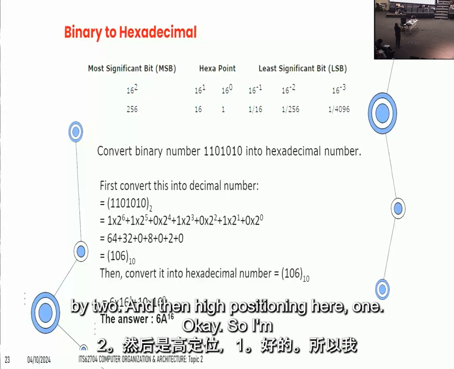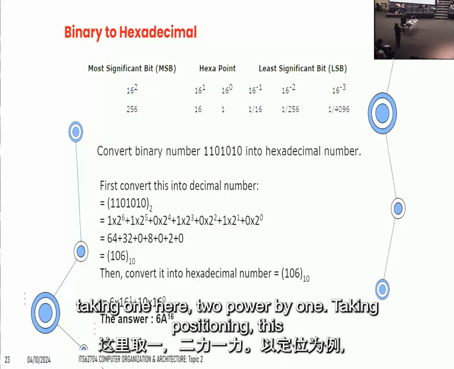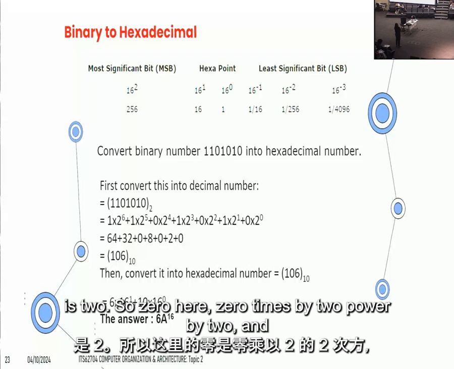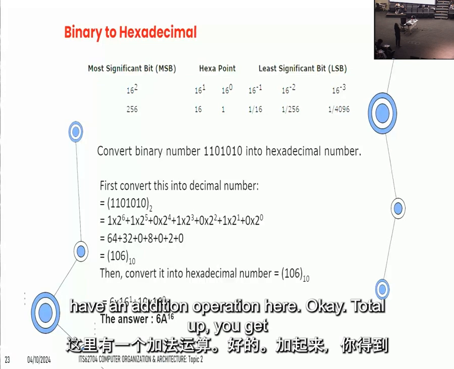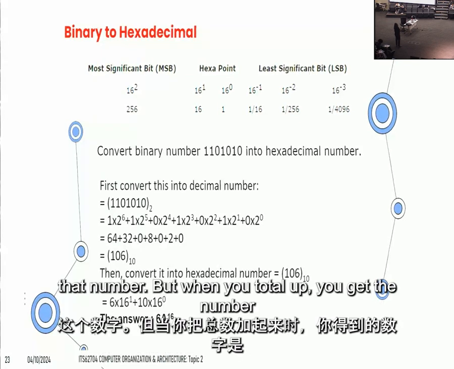Then I have positioning 1, so I take 1 here, 2 power by 1. The next positioning is 2, so 0 here, 0 times 2 power by 2, and so on. When you multiply all of this, you need an addition operation here. Total up, and you get that number.